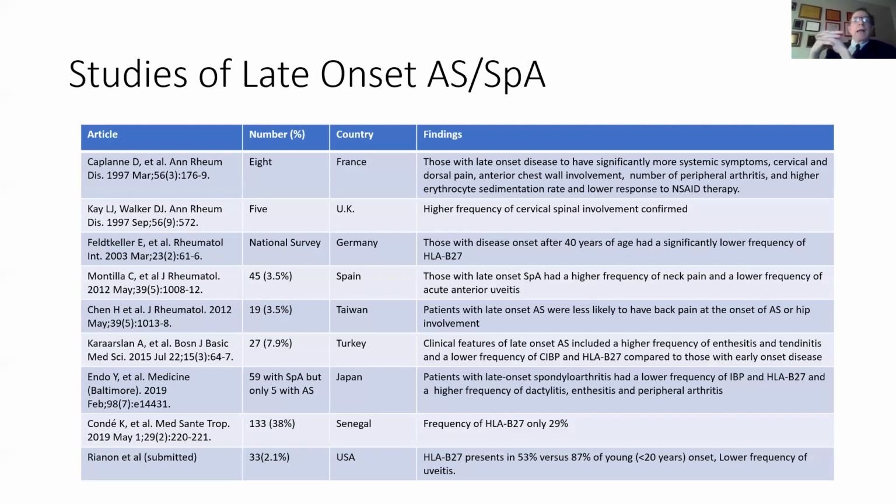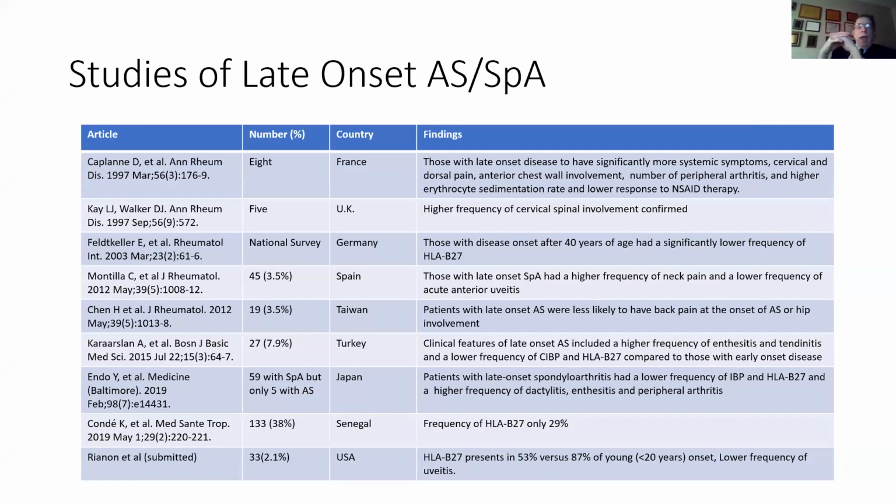Now, what about late onset axial SpA? There have been a number of studies out there, beginning with two very small series in the 1990s, as well as more recent ones, including when we looked at the SOAS cohort, and this paper is currently being sent out for review.